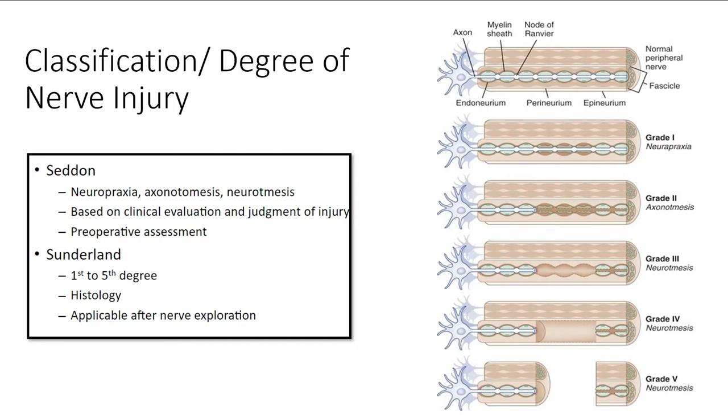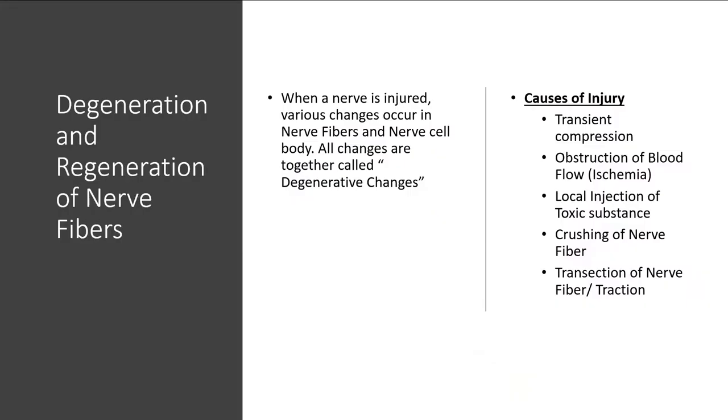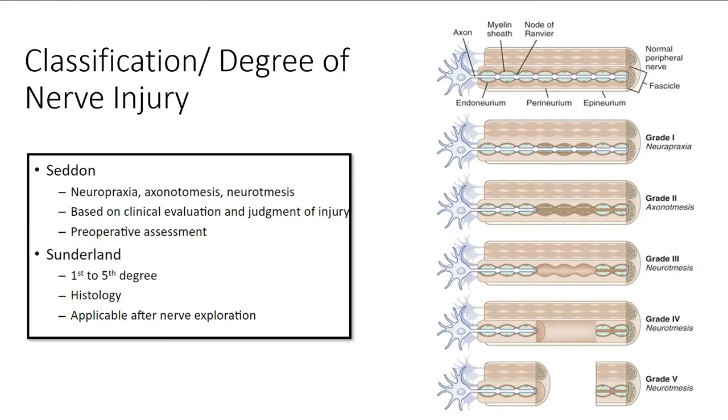Now why am I discussing nerve injury instead of directly starting the main topic, degeneration and regeneration? Because without understanding the types of injury you will not understand how degeneration occurs in different types of injuries. That's why we are discussing the causes and types of injury.